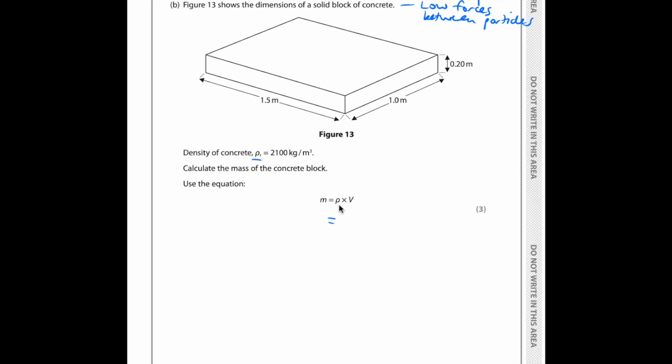Right, so the density goes in, which is 2,100 kilograms per metre cubed, and we need to multiply that by the volume. Now the volume is going to be 1.5 metres times by 1 metre times by 0.2 metres. So that's the height times by the width times by the length.